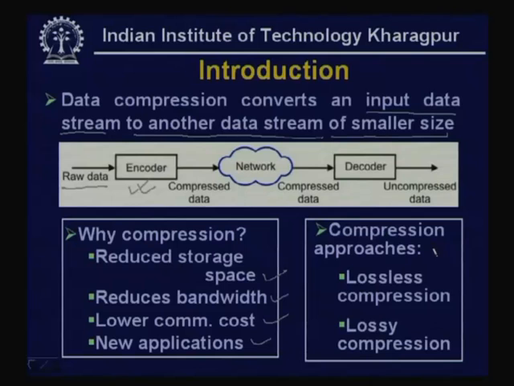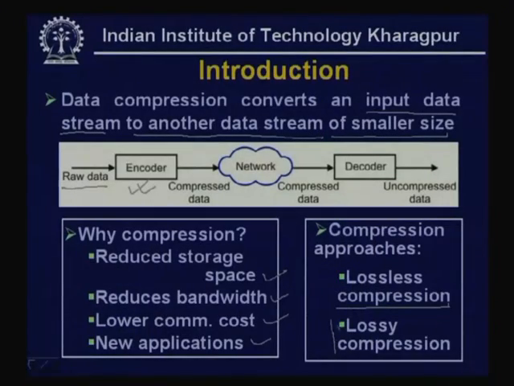And the compression approaches can be broadly divided into two types. First one is known as lossless compression. That means after compression, the data is reduced in size, but it is done in such a way that at the other end the original data can be recovered. So, data in original form can be recovered without loss of any information. On the other hand, there are some techniques, in fact which are more common, which are known as lossy compression. In such cases, the uncompressed data may not be exactly same as the original raw data.